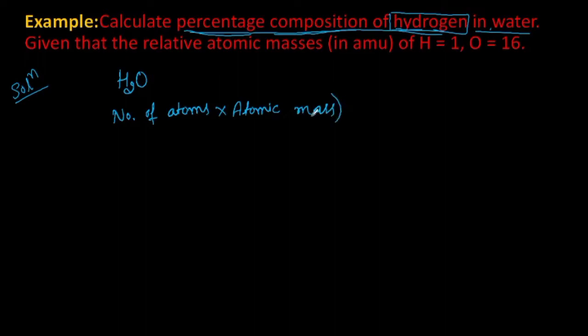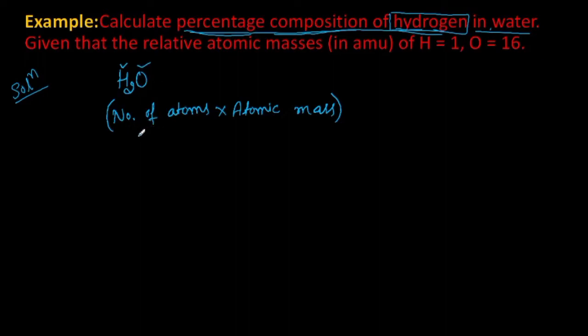We'll use the formula as many times as the number of elements present in that compound. How many elements are present here? 2 elements. So we will use the same formula twice, one time for the hydrogen and the second time for the oxygen.